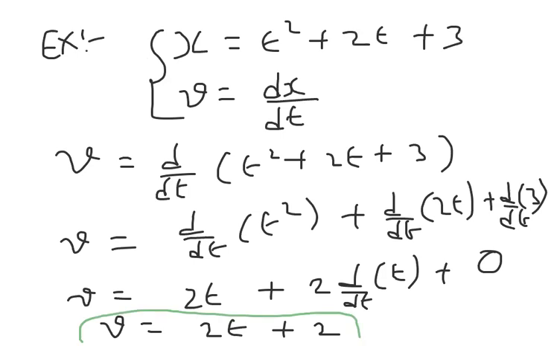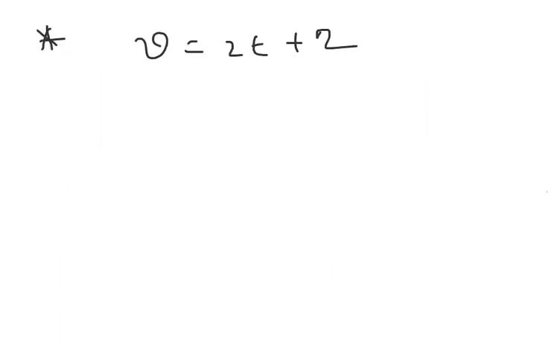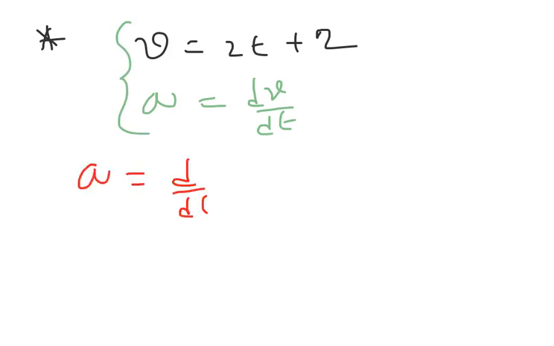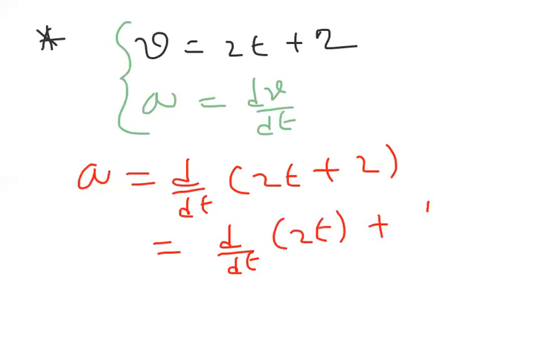After getting this expression, now suppose they are asking us to find the instantaneous acceleration. Instantaneous acceleration is the differentiation of instantaneous velocity with respect to time. So I can write a equal to d by dt of 2t plus 2. Again I separate the terms: d by dt of 2t plus d by dt of 2.